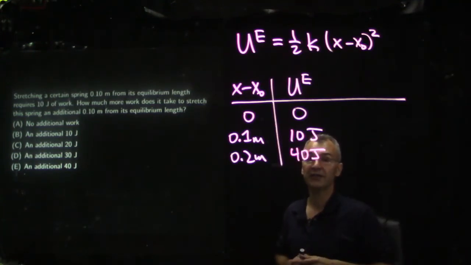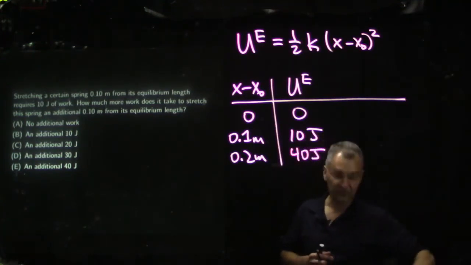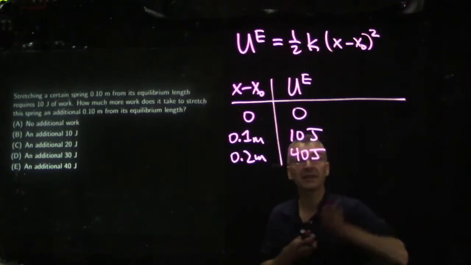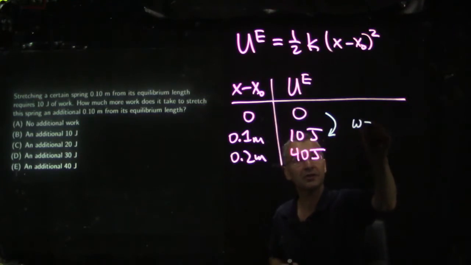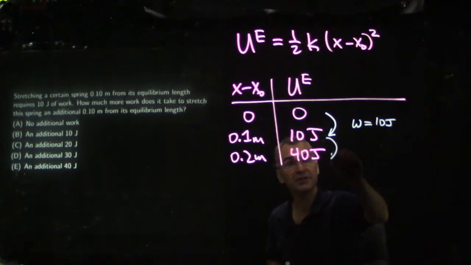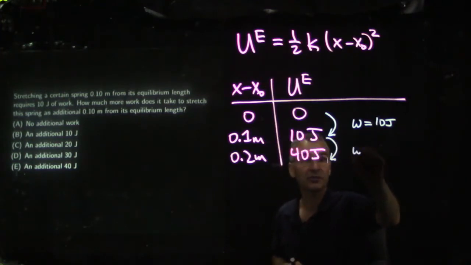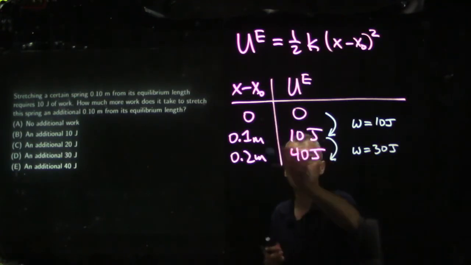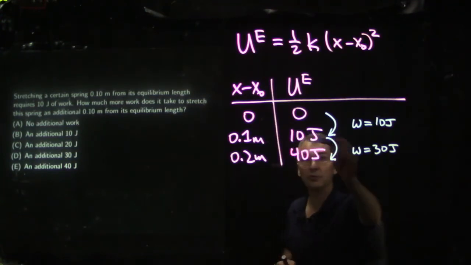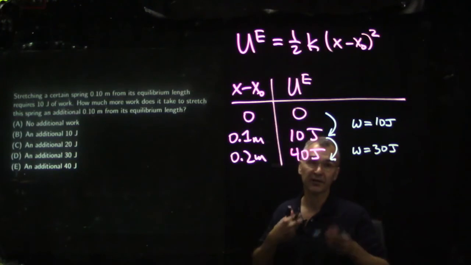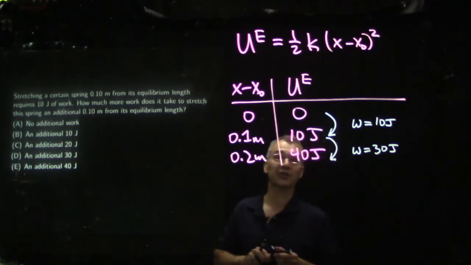So what that means is to go from here to here required an amount of work equal to 10 joules. And so to go from here to here must require an amount of additional work equal to 30 joules. That's pretty tricky because it was already here. So we only had to go from point 1 to point 2. We didn't have to go from 0 to point 2. So I think going from point 1 to point 2 required an additional 30 joules of work.